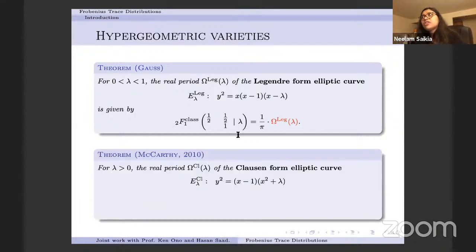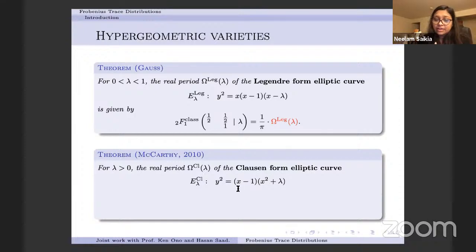It is not always true that you get this kind of function for all kinds of varieties. I mean, it is not true for elliptic curves. It is always difficult to find such a function. So recently in 2010, McCarthy studied a Gaussian form of elliptic curves, which is given by this form. This form looks like the Legendre form, but it is very different in its structure.